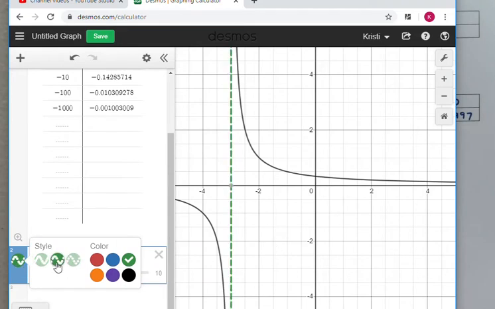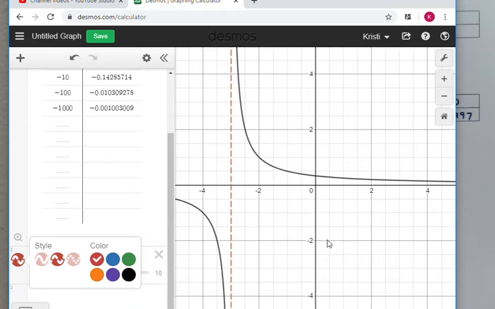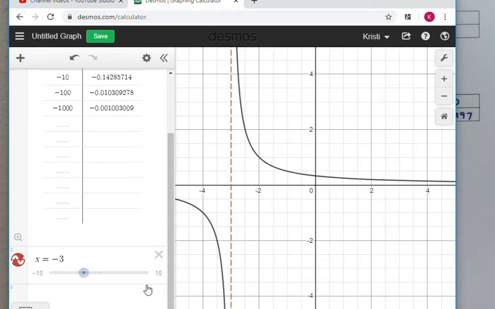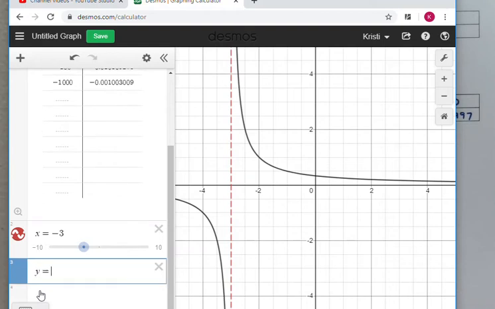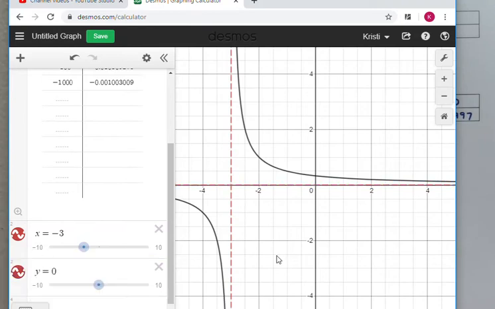I like that better. There we go, and I can really see that it's an asymptote. Play around with it, change the color. Then I can also graph in my horizontal asymptote, which of course is y equals 0. Now I've really identified the asymptotes on the graph. You can clearly see them as dotted lines, like we like to do them.